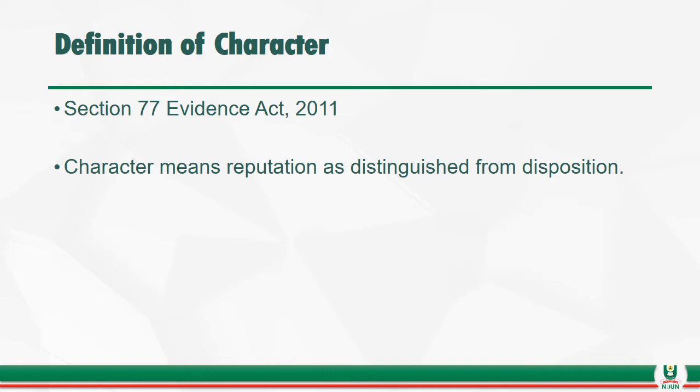And somebody may be of good personality and yet have a bad reputation, and that means bad character, because one particular incident or case of previous conviction amounts to bad character. That is the position of the law. So that definition may not be entirely satisfactory.